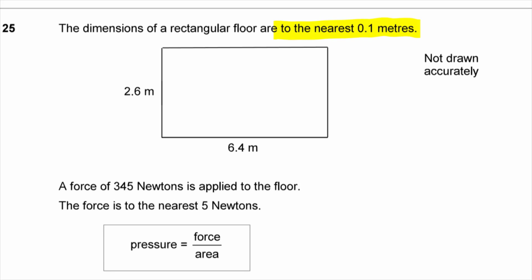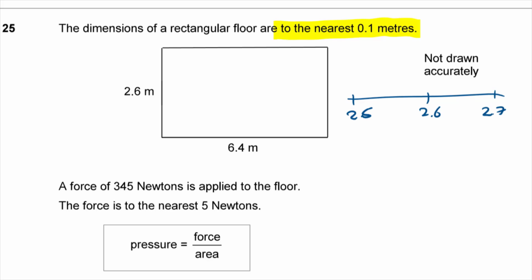Let's take the width of our rectangular floor first. It's to the nearest 0.1 meters, so 2.6 meters. If I've got 2.6 on the number line, then 0.1 more would be 2.7 and 0.1 below would be 2.5.